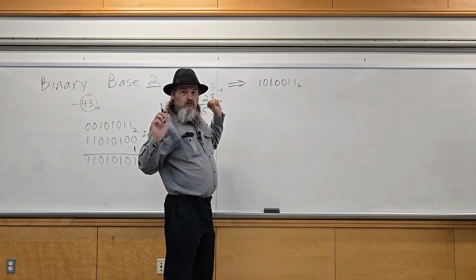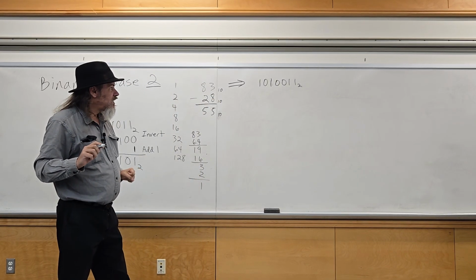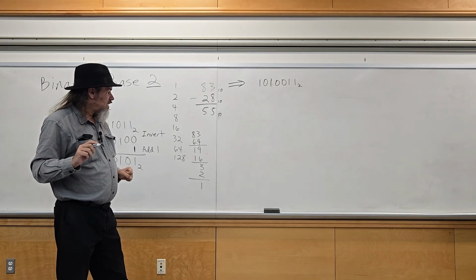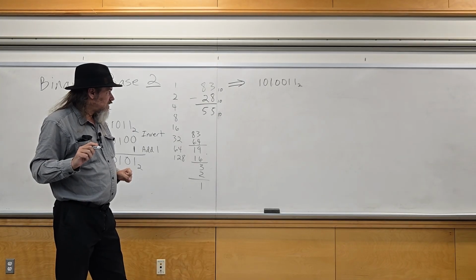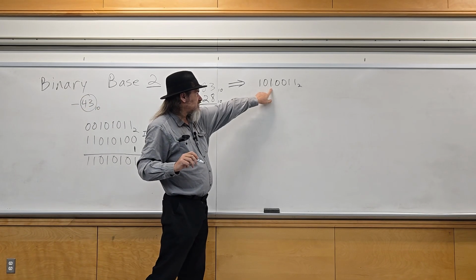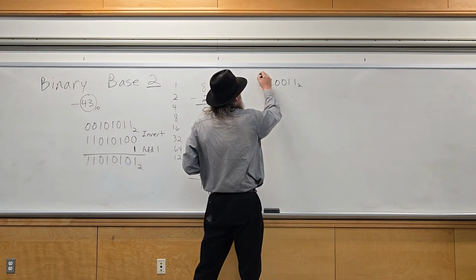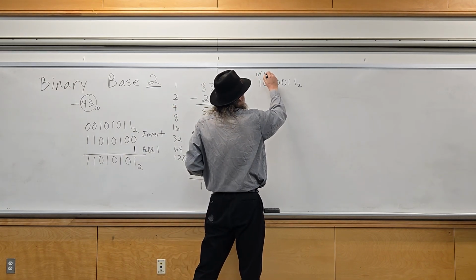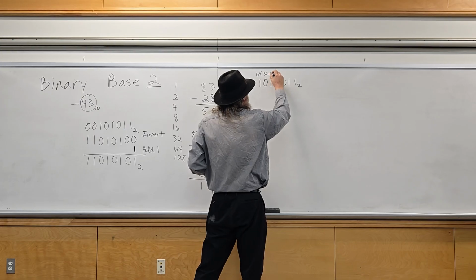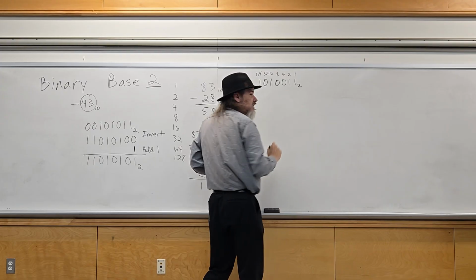On the 0, if she got 16 out of it, why should it be 1? There's a 1 in the 16 position. This is the 64s. This is the 32s. 16, 8, 4, 2, 1.